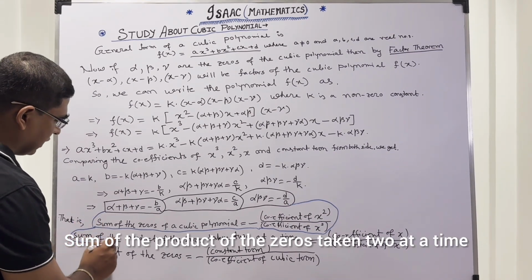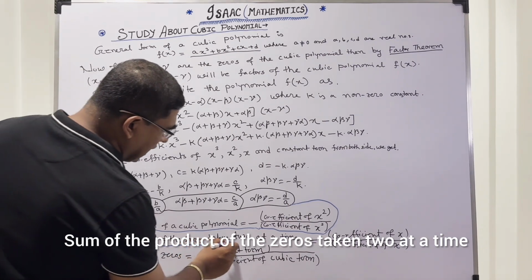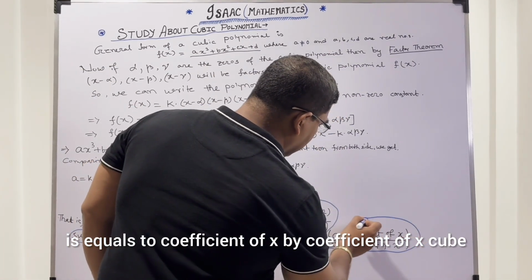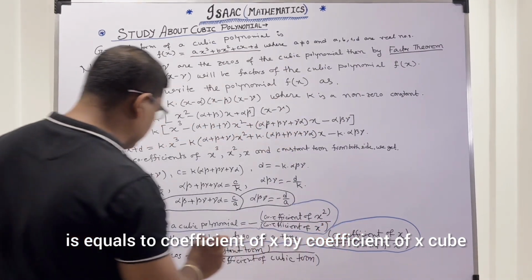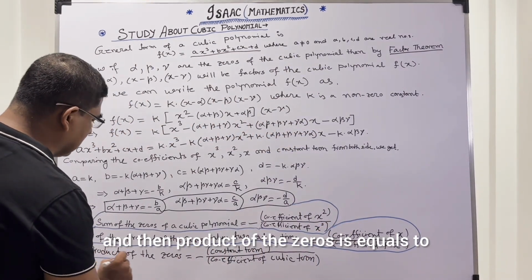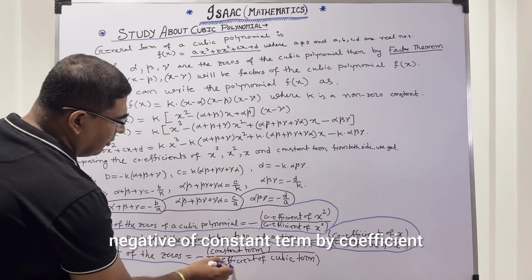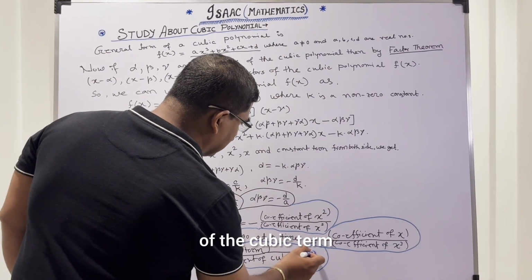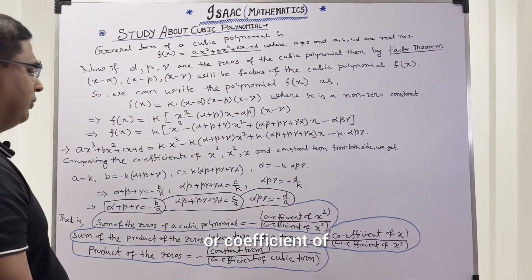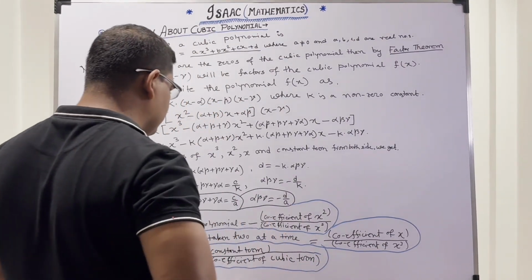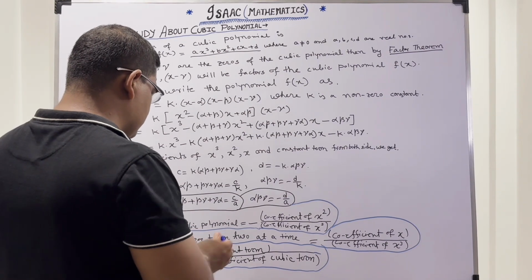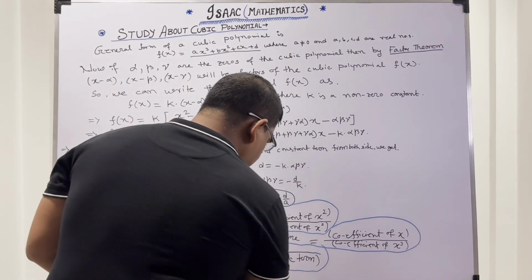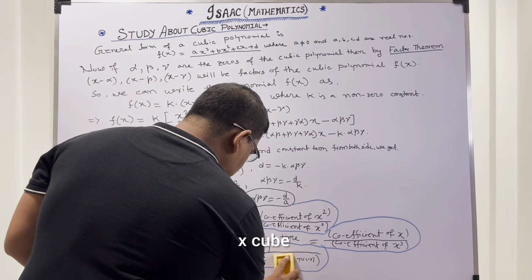Sum of the product of the zeros taken two at a time is equals to coefficient of x by coefficient of x cube, and then product of the zeros is equals to negative of constant term by coefficient of the cubic term, or coefficient of x cube.